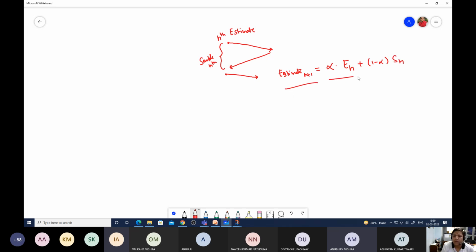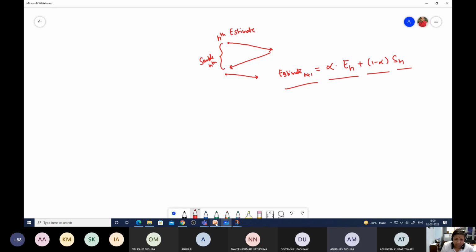And this we keep on doing with every round because there is no other way. You can take the initial estimate as some constant value, and then keep on doing this.